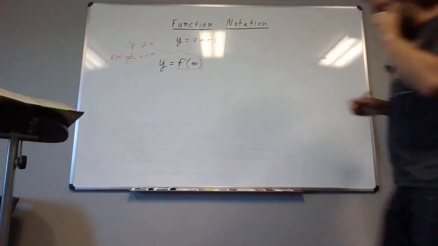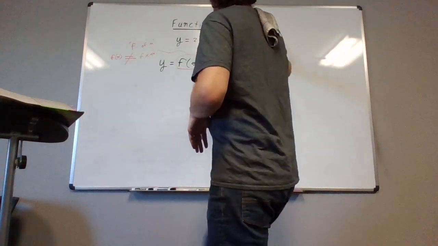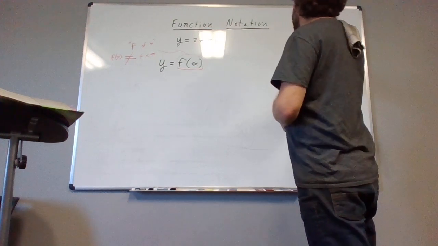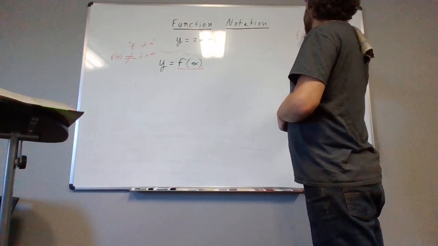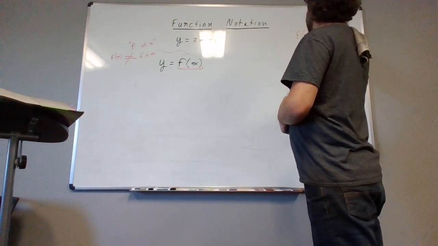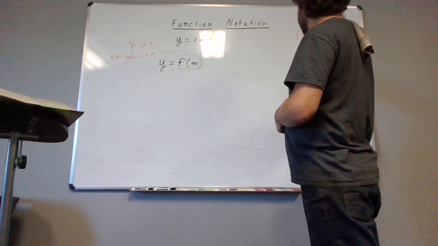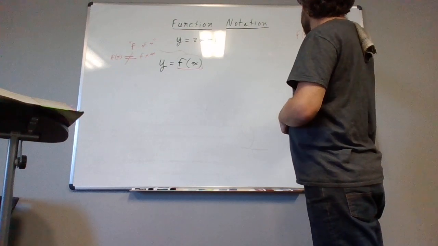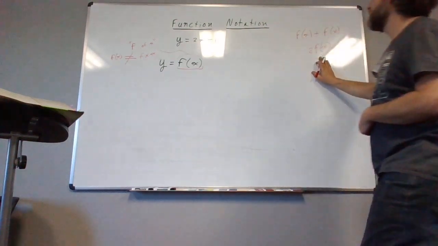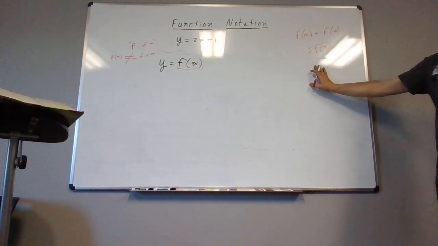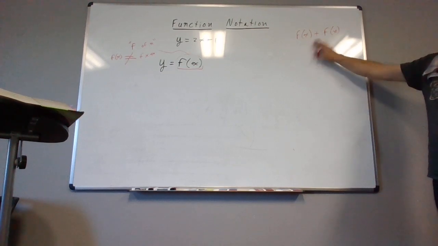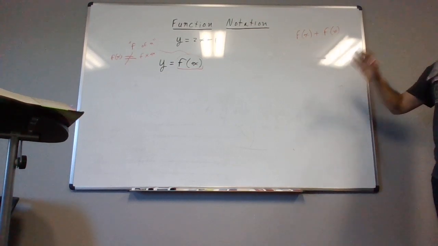So if I had something like f of x plus f of x, then we would have 2 times f of x. It's not separate.